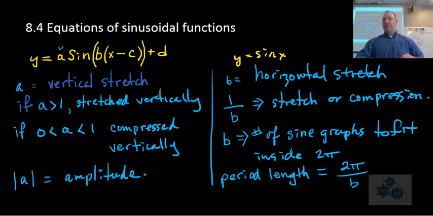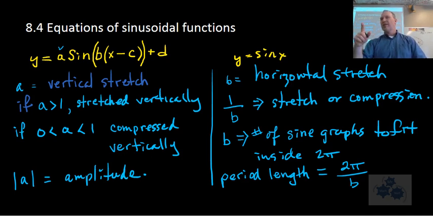So if I have a b of 2, that means 2 sine graphs can fit into 2 pi, or the period length of 1 would be 2 pi divided by 2, or pi, instead of 2 pi. See that? So hopefully this is all fitting together for you. But b is the trickiest one, I think, to figure out.